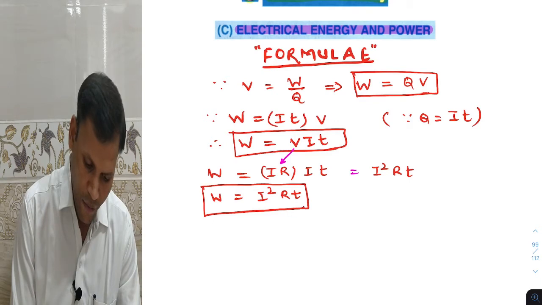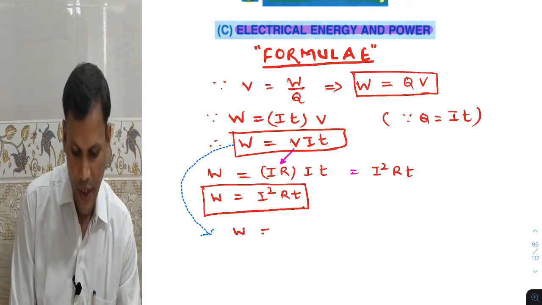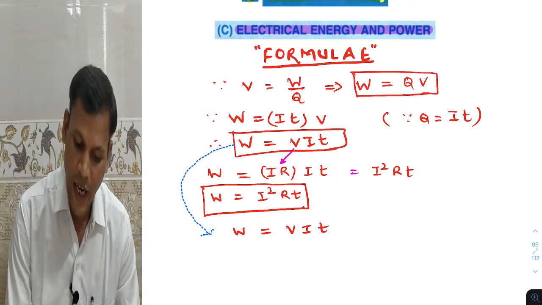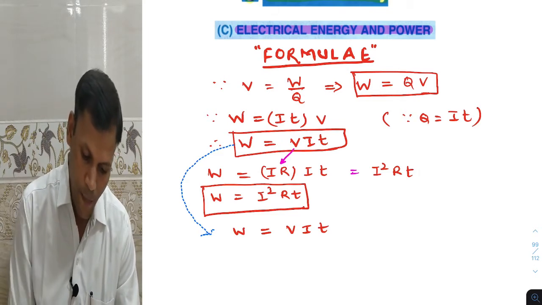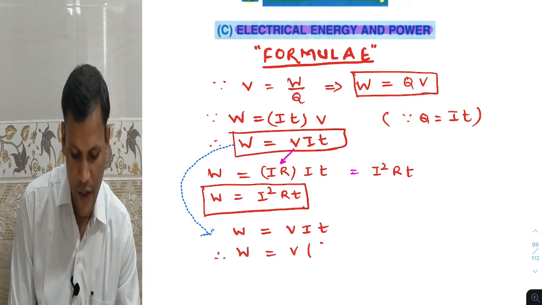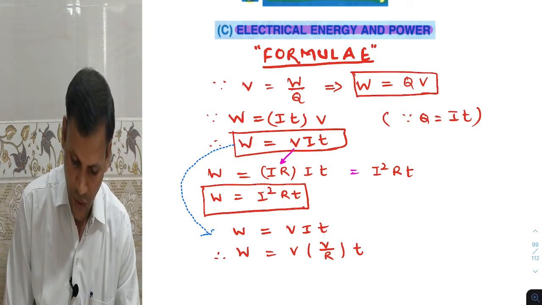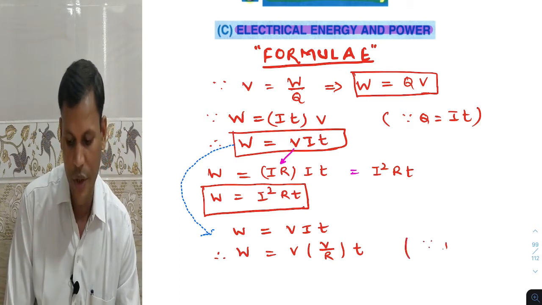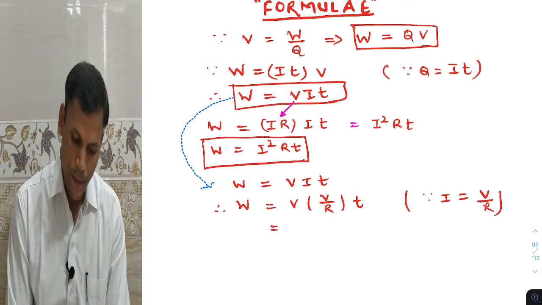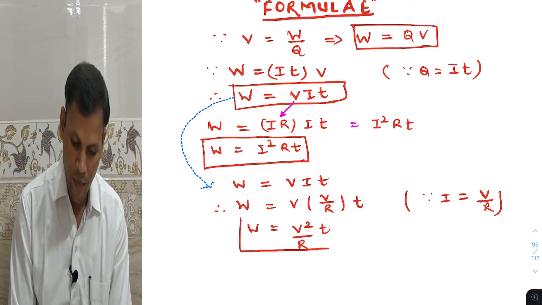Work done is VIT, but here we substituted V is equal to IR. अभी I के जगह हम क्या डाल दें, V by R. So this formula will be W is equal to V, I के जगह V by R. Instead of I we are writing V by R, and time is T, since I is equal to V by R. So overall this formula becomes W is equal to V square T by R. So this is again one of the new formulas.